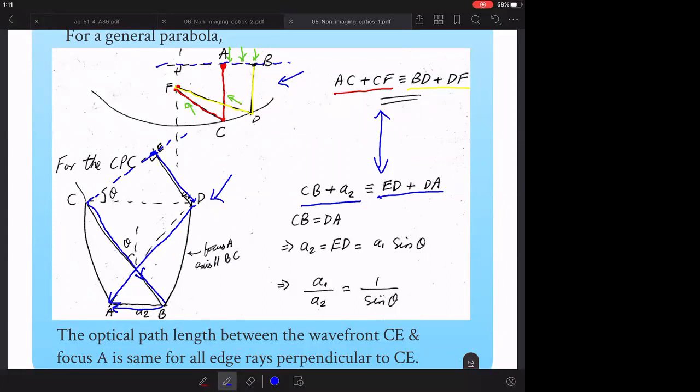Now we can do some simple geometry. CB equals DA, because of symmetry. That's easy to see. Let me erase some of these so it's not so messy.